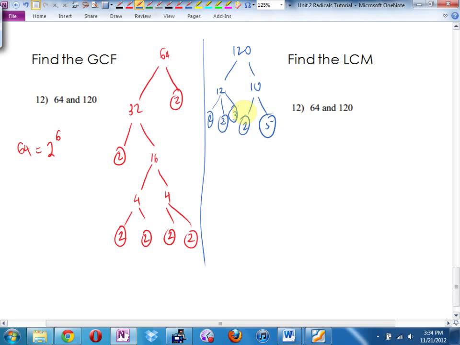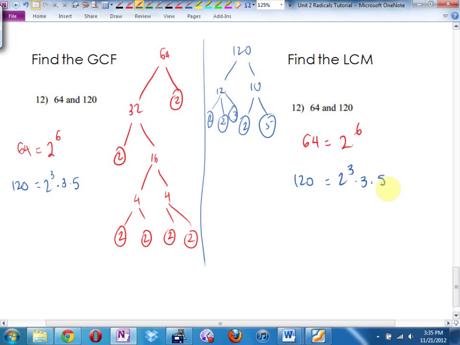Is that okay? 120 is 2 cubed times 3 times 5. Over here, we're going to have 64 equals 2 to the 6th, and 120 equals 8 times 3 times 5. 2 cubed is 8.